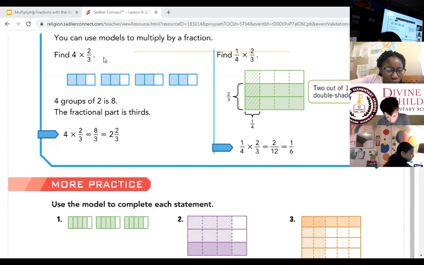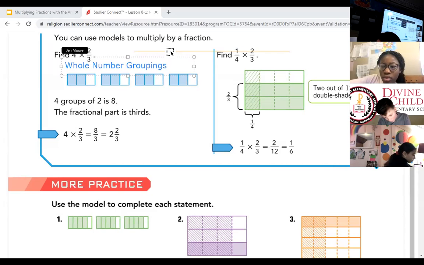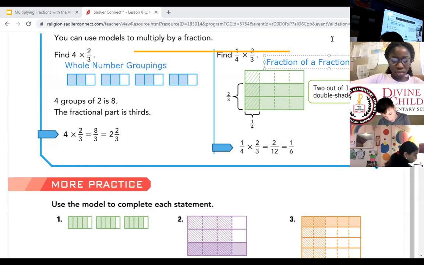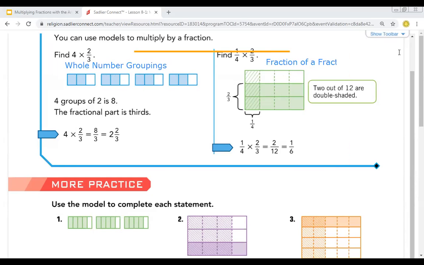Just write that for me. This is the whole numbers groupings model. And this one over here on this side is called fraction of a fraction. Everyone have that?